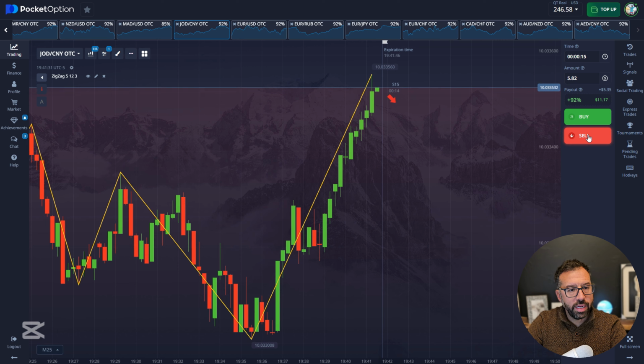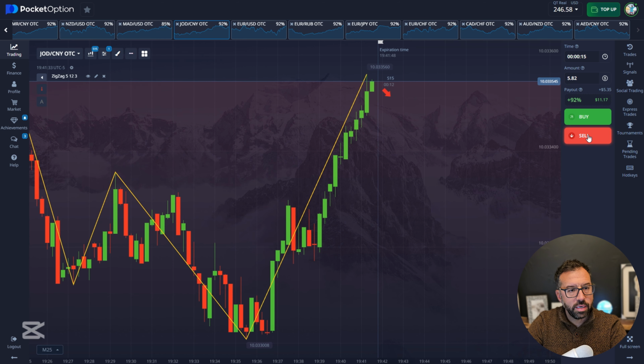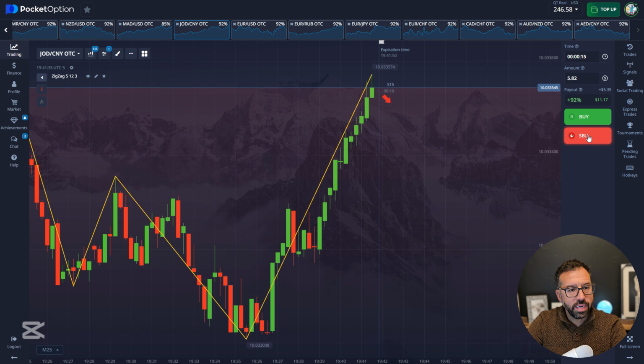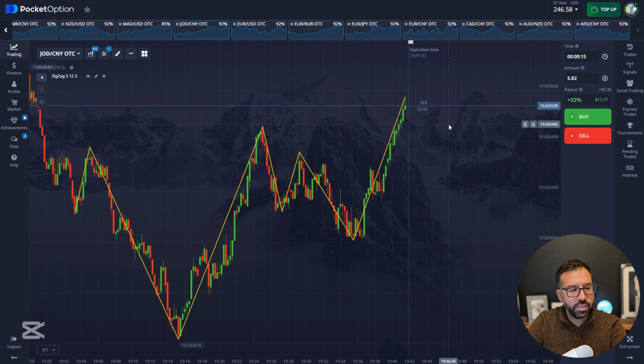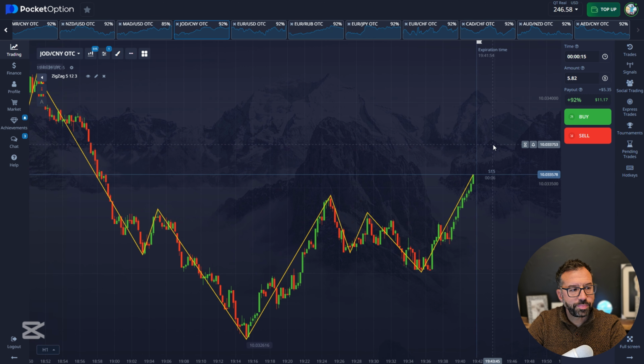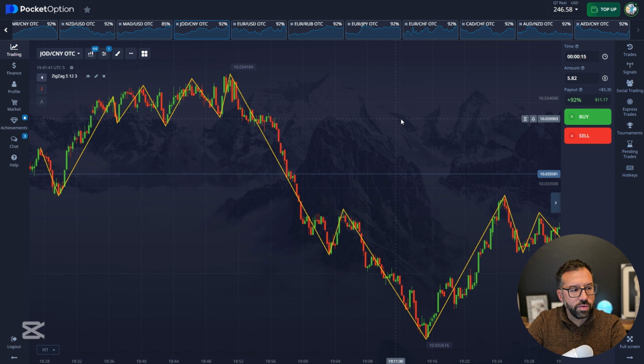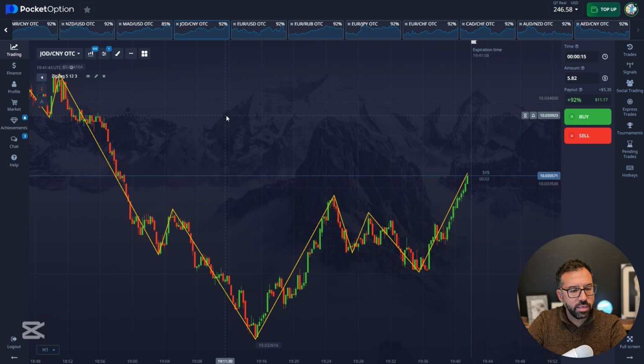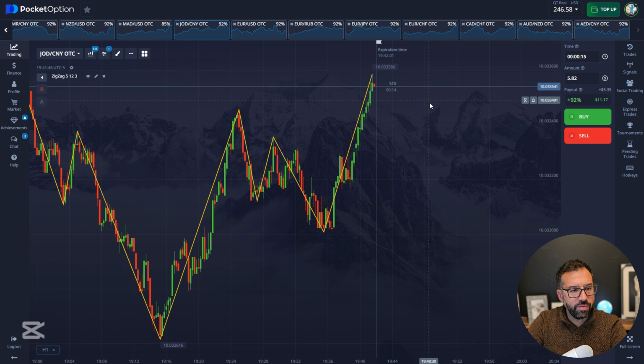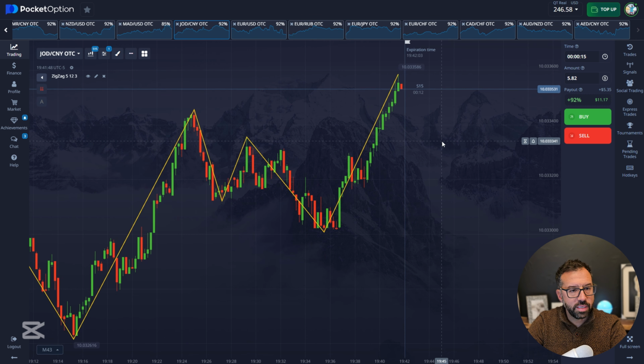And we're going to go ahead and give this a second here to see what this is going to do. So if you look to the left here, looks like it's going on a bit of a run there, but we'll see what this next candle does here.